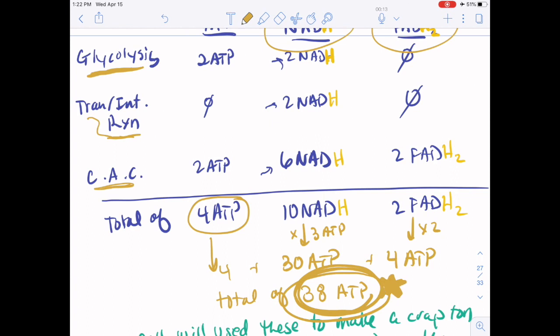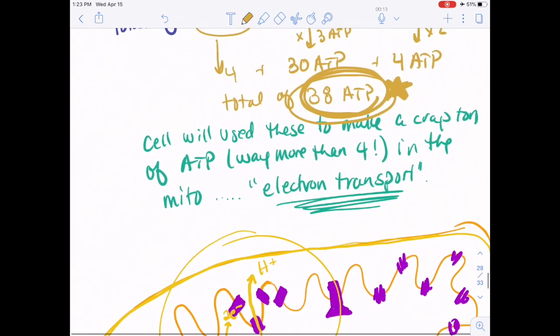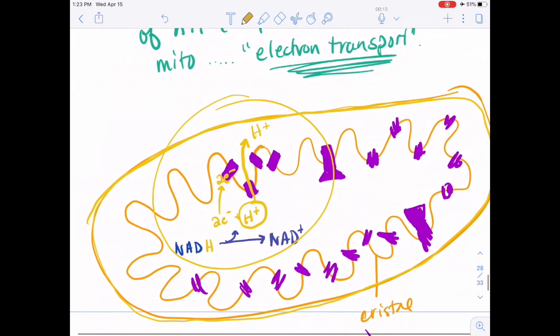Now, in your homework, I talk about prokaryotes versus eukaryotes. There's a little bit of a difference here. If we take a look at the mitochondria, this is obviously a eukaryotic cell. It takes 2 pyruvates to get everybody in, and it takes 2 ATP to get those pyruvates inside the mitochondria.